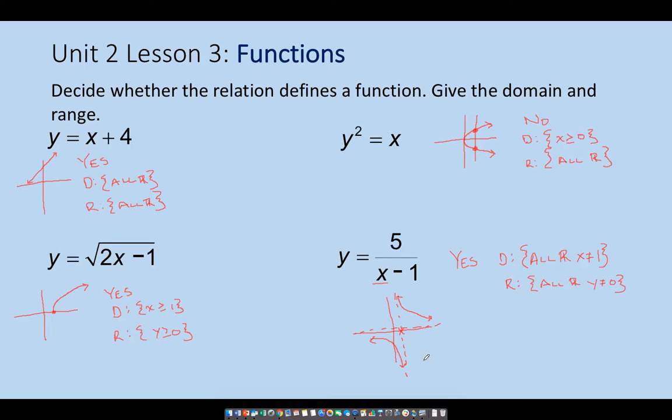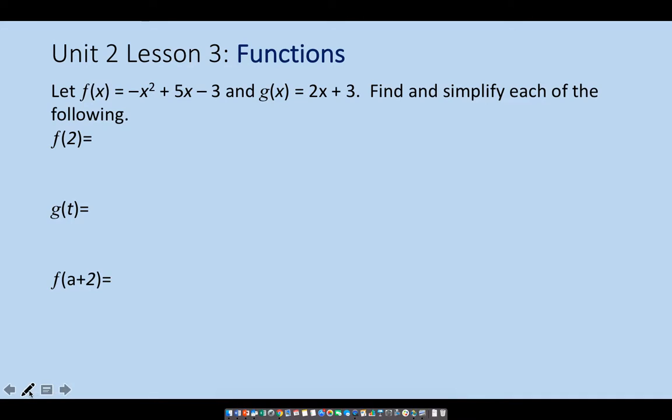All right, so lots of different ways to ask you whether or not functions or relations are functions. So that takes care of that learning target. The final thing here is just kind of in a simple way be able to use function notation. So if I said, what is f of 2? Well, here's f of x. It means I'm going to be plugging in 2 wherever I see the x.